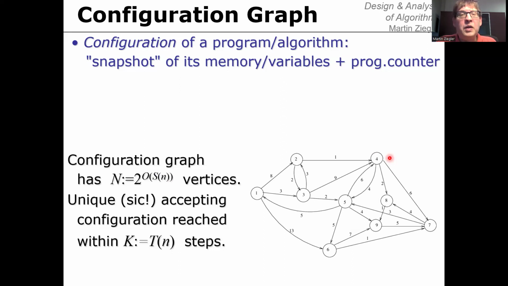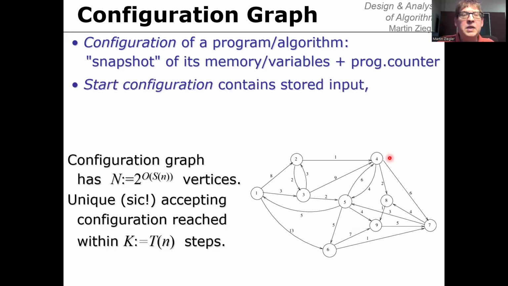Now let's talk about designated nodes in this configuration graph. One designated node is the start configuration. Initially, we agree that all variables, all memory in our algorithm, is reset to 0, except for the designated input variable, which contains the input argument, maybe some integer encoding the input.